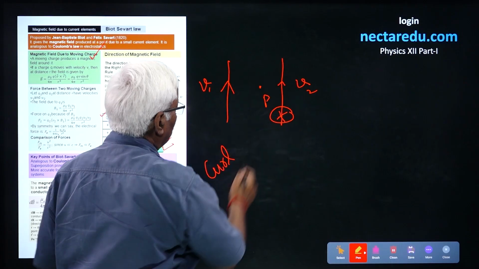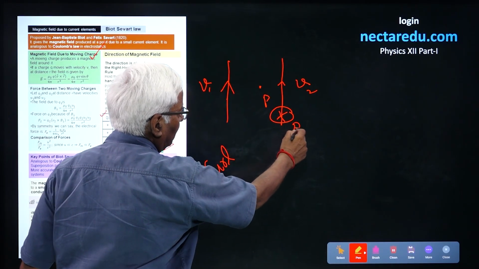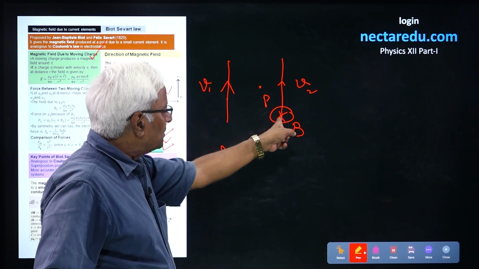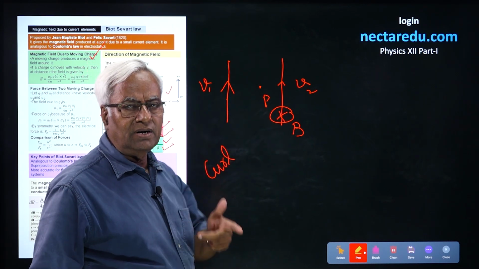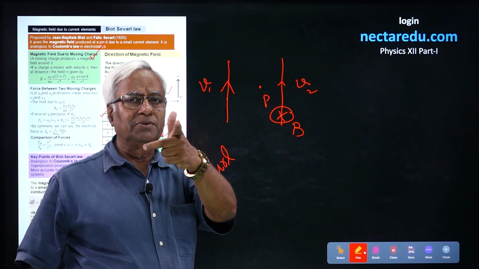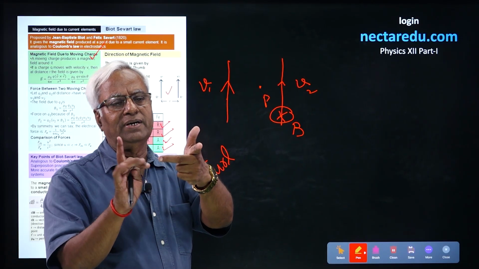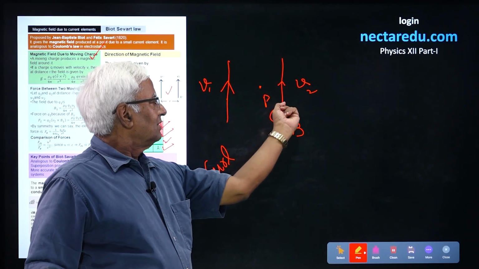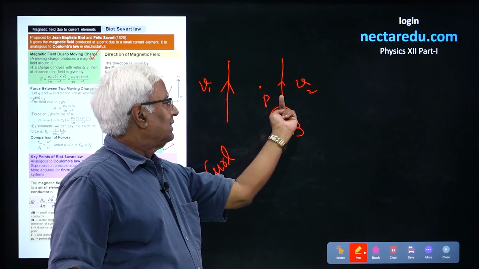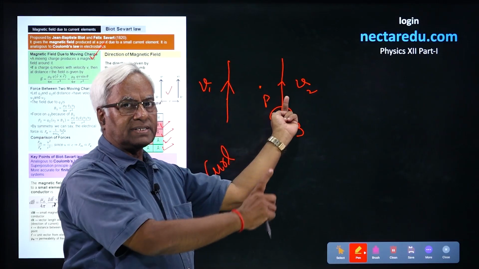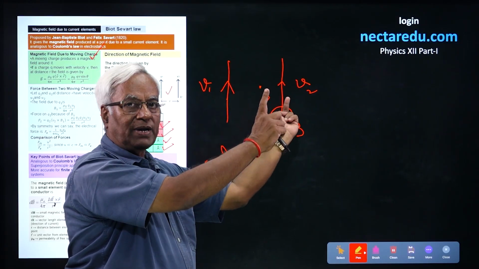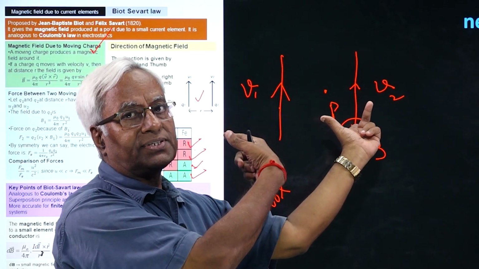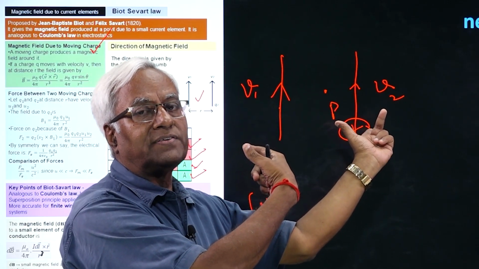Here the field produced by this will be B1, normally inward. And when this field is normally inward, you apply Fleming's left-hand rule. This is magnetic field, this is current, this will be the force. Field is normally inward, and the velocity of the charge is along the plus y-axis. You see the force is going to be towards the first charge. That is what we call attraction.